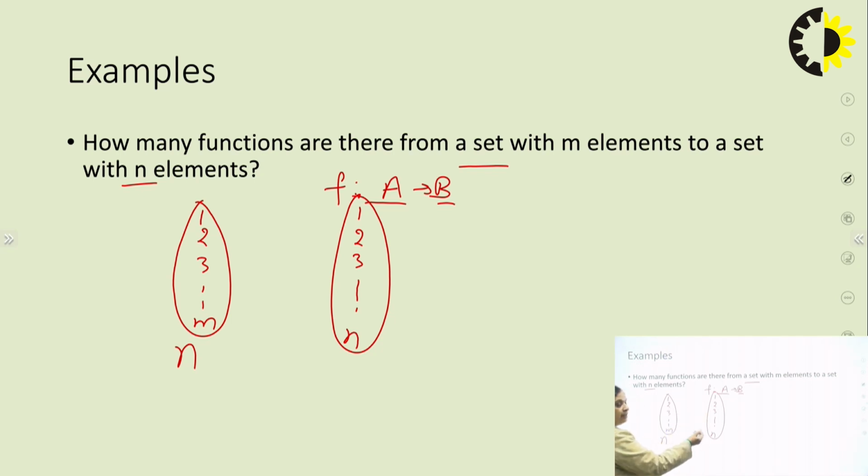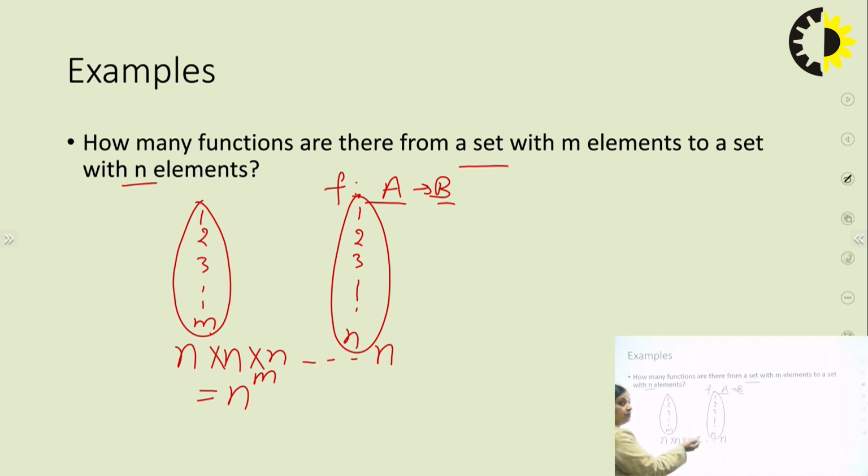Then 2 can be assigned any image from here. How many ways? n. 3 can be assigned any image from here, so n, up to m elements. Element m can also be assigned any image from n. So what is the number of possible functions? n to the power m, because there is no condition.